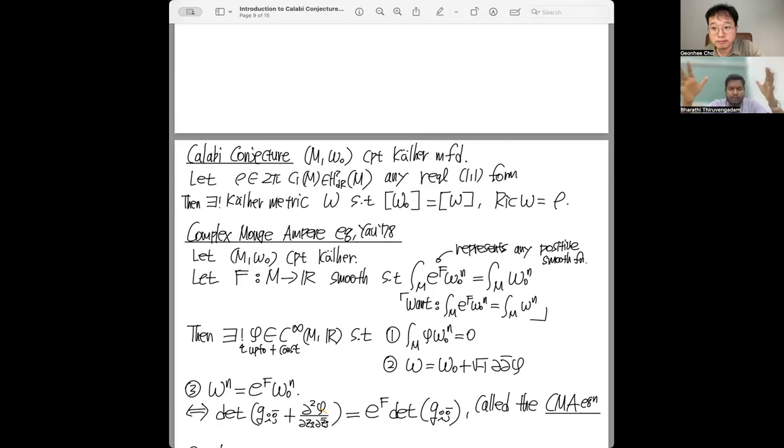Is there any one-to-one correspondence between the second de Rham cohomology group and the (1,1) cohomology group of (1,1)-forms? So let me try to draw the situation.